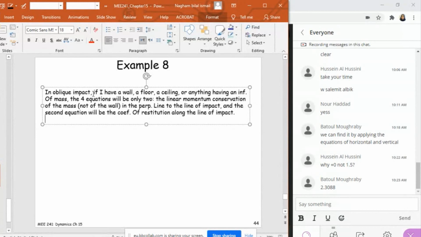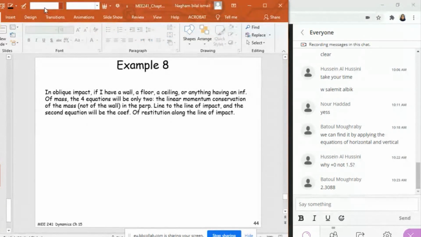Let's start by the linear momentum conservation of the mass, which is MB. So MB, VB1, X or Y? MB, VB1, X or Y, guys?